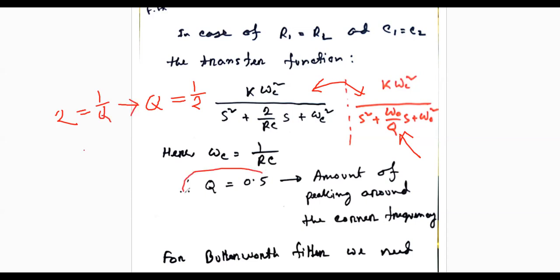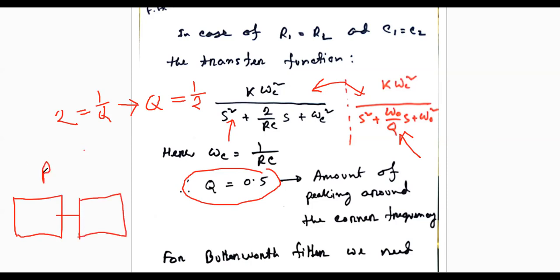So for this equation, how did we get this equation? This is from the passive elements. That means two passive components are cascaded. We are at that point where R1 is equal to R2 and C1 is equal to C2, and all of these are passive elements.